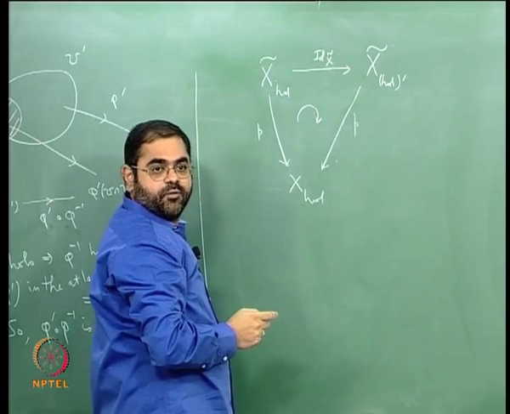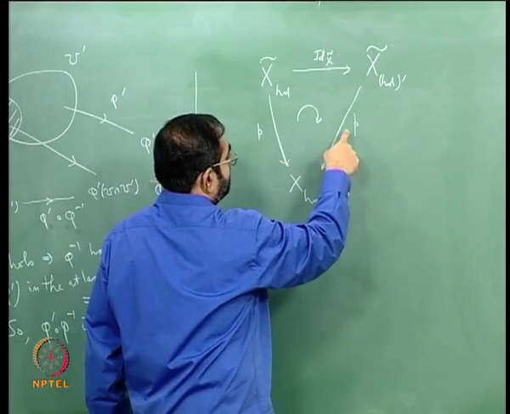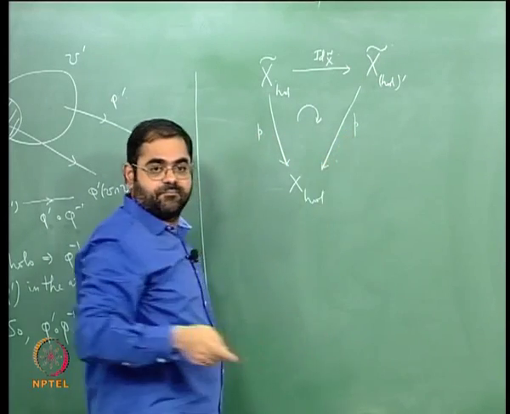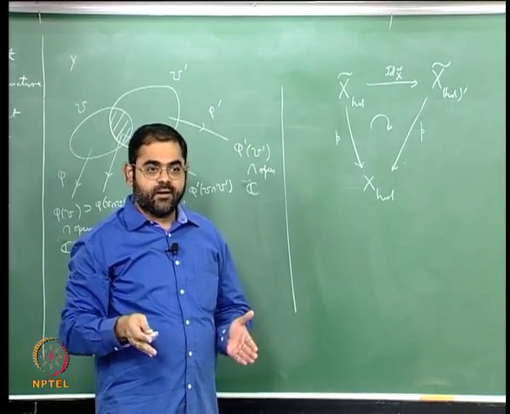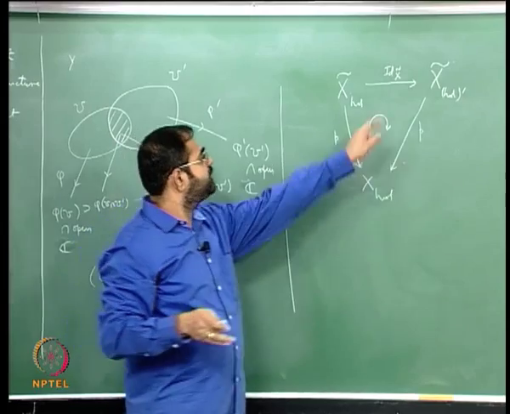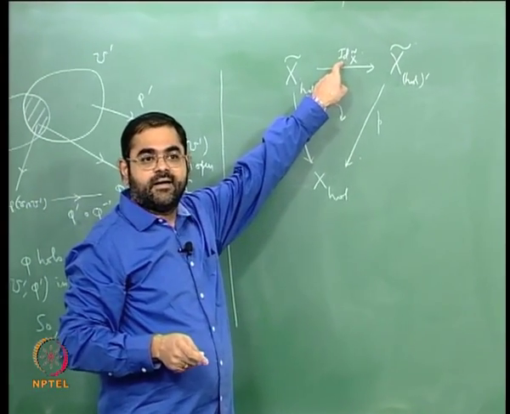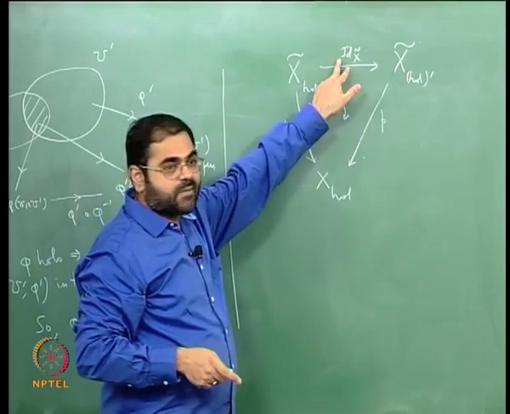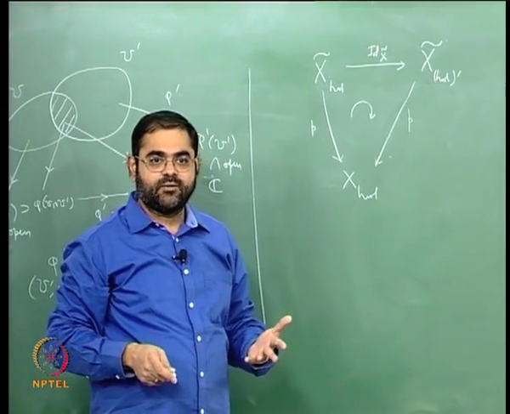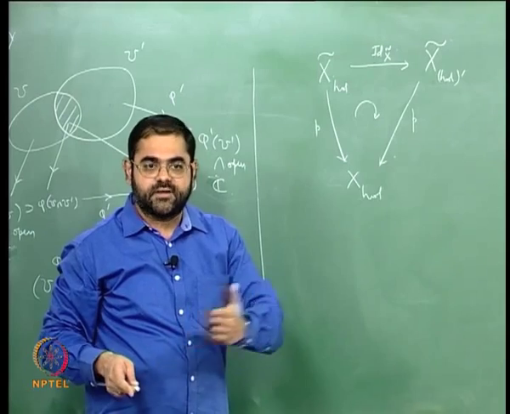Okay, so both these P's being locally biholomorphic will tell you that the identity map on X tilde is locally biholomorphic. That means the identity map itself is holomorphic. I told you if a map is locally holomorphic then it is holomorphic.